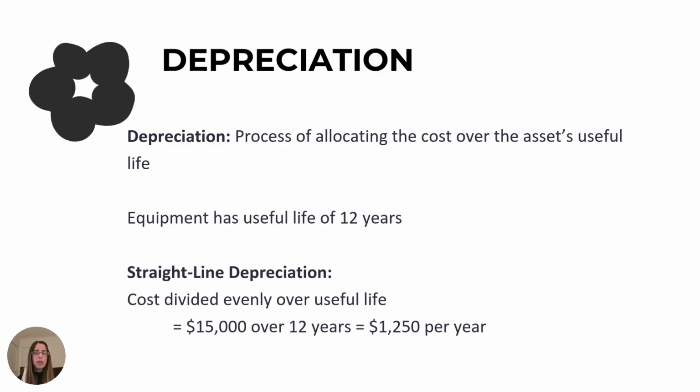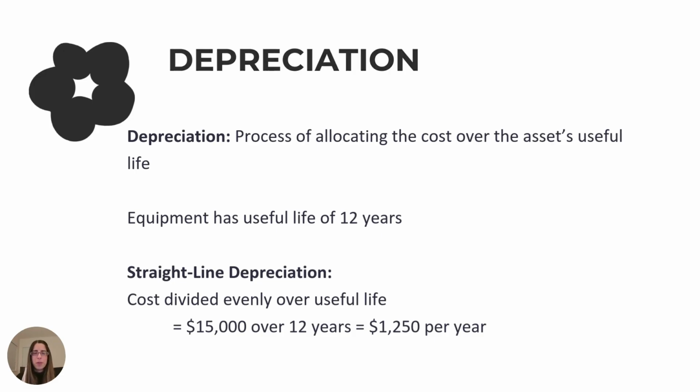So it assumes we use the asset evenly over 12 years. So 15,000 over 12 years is 1,250 per year. That would be our depreciation expense per year. Again, there are other methods we can use for depreciation. This is very high level for today's purpose, and we will discuss the different methods in a later video.